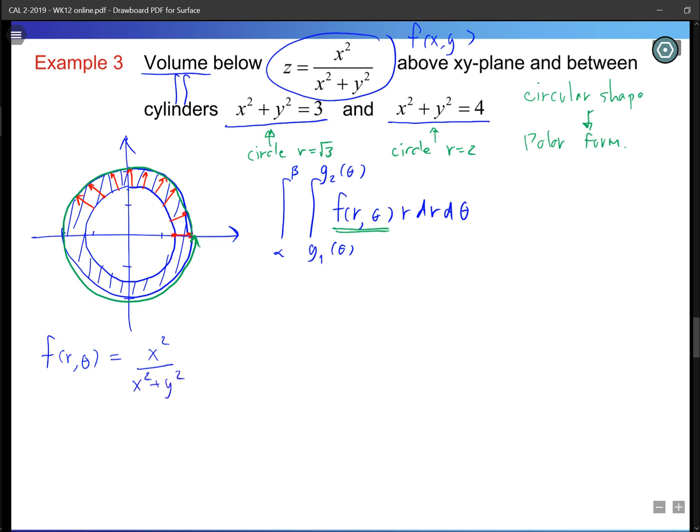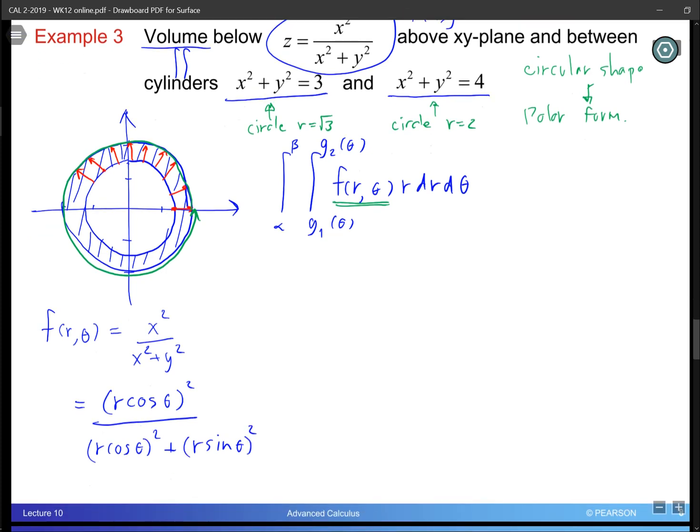So we can't use this because it's in terms of x and y, so we are going to do some translating here. x equals r cosine theta, but that has to be squared, plus y, that's r sine theta, squared.